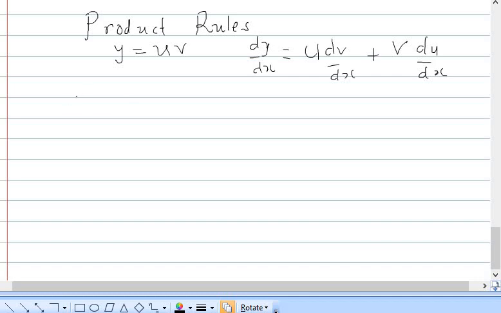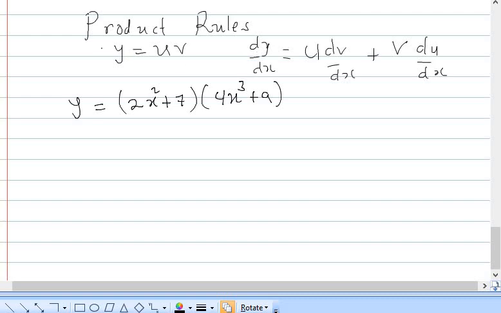So assuming that the question is given as y is equal to 2x squared plus 7, and then another function is 4x cubed plus 9. As you see, this is the product rule.